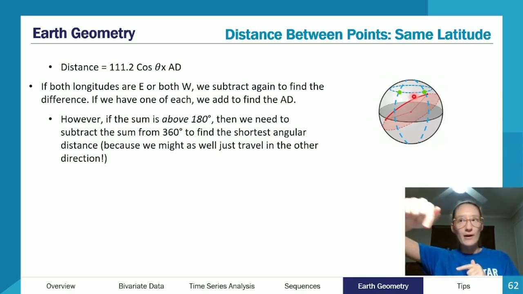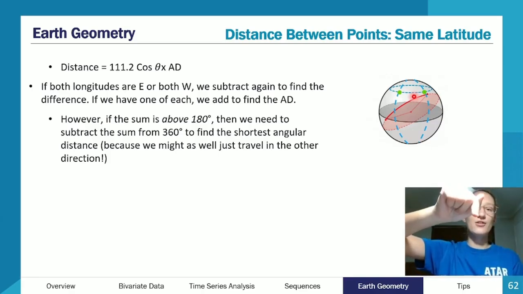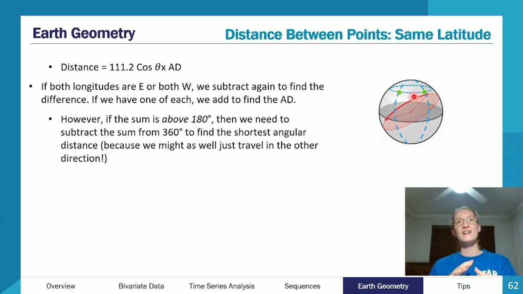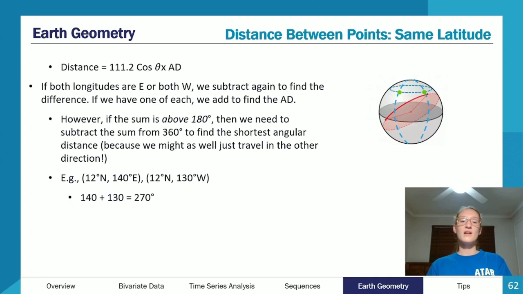Why would you go all the way around 270 degrees when you can just go, we'll scratch that. I'm not going the 270 degree way. I'm just going to take the shortcut and go 90 degrees. So that's the little trick behind calculating the difference in the angular distance when we're looking at east and west.